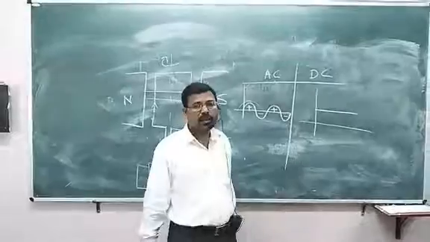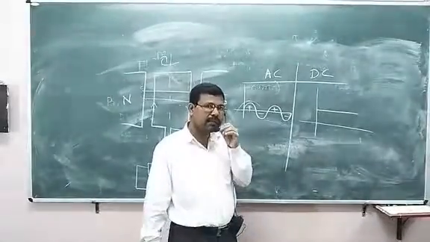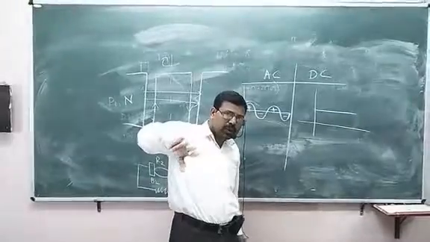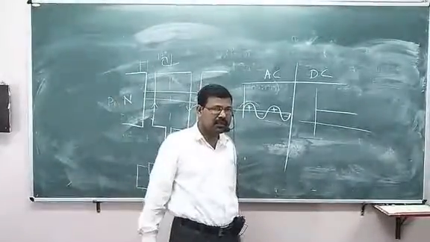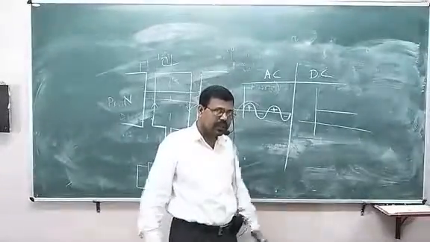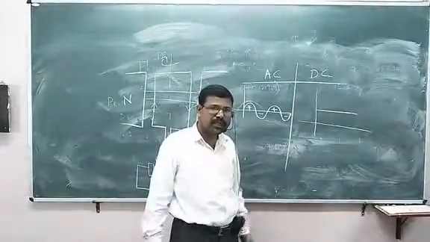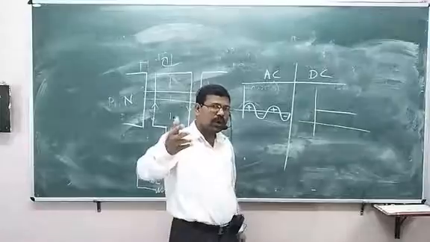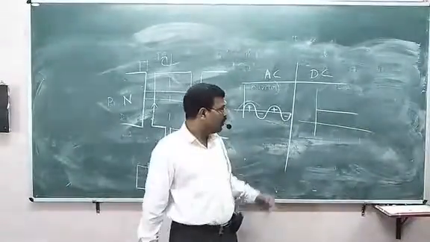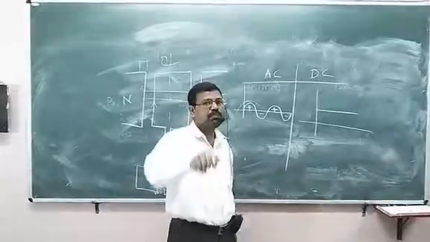That is why the cost of solar light is high, because it needs to convert DC to AC in the night. For that, an inverter is required. Therefore, the cost of solar light is more. So, conversion of DC to AC is costly, whereas AC to DC is cheaper.